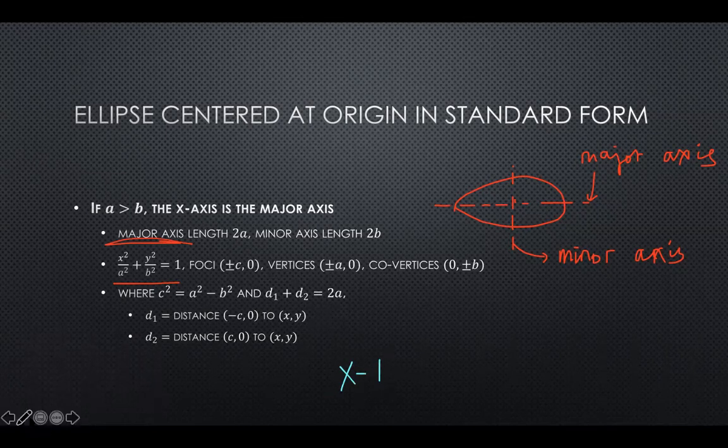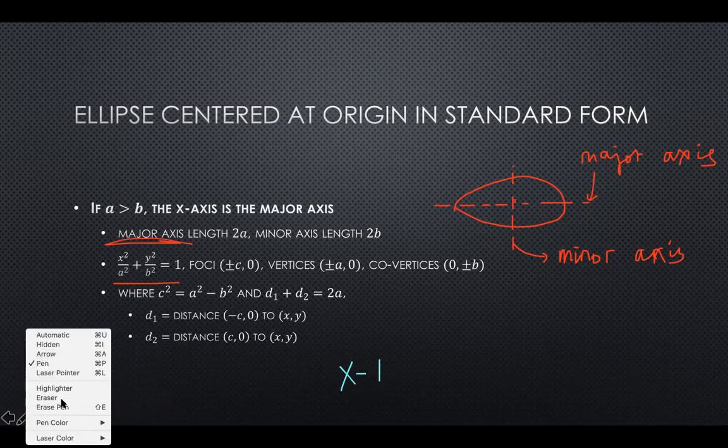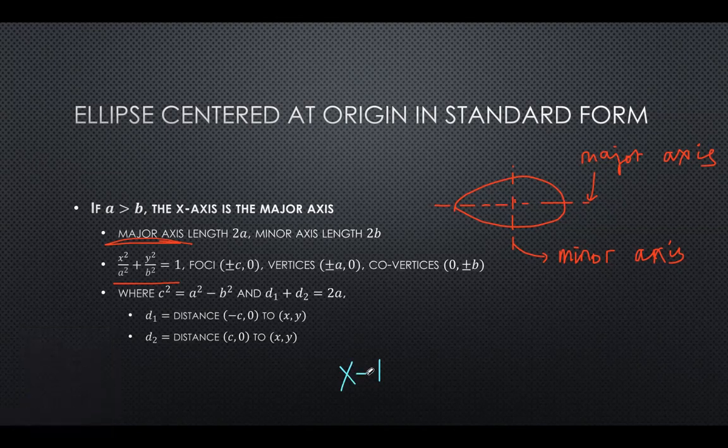So I can just write x squared plus y squared equals radius r squared.